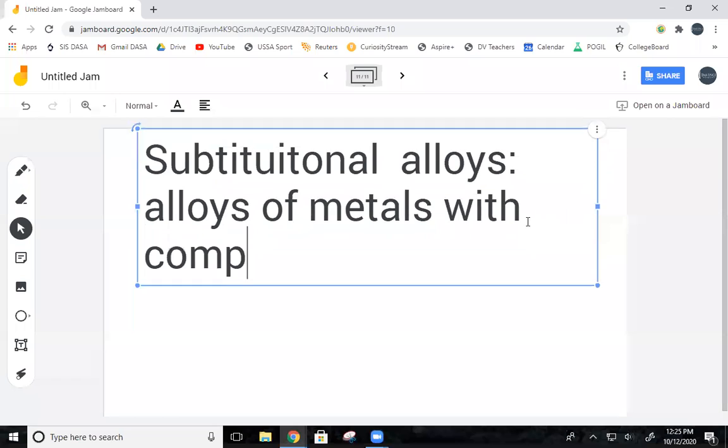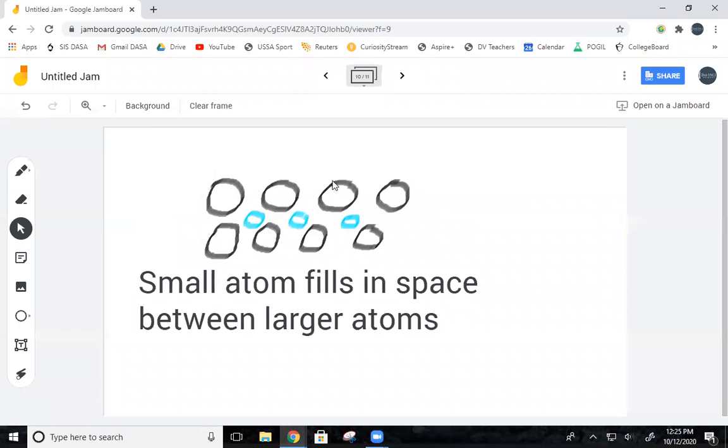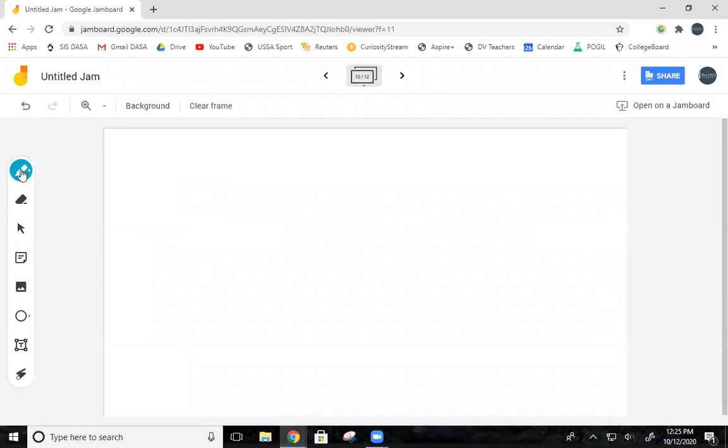With comparable atomic radii. So what happens here is that instead of an interstitial alloy where you get the atoms taking up space between the other atoms, what a substitutional alloy does is, if we have black here, 1, 2, 3, 4, 1, 2.